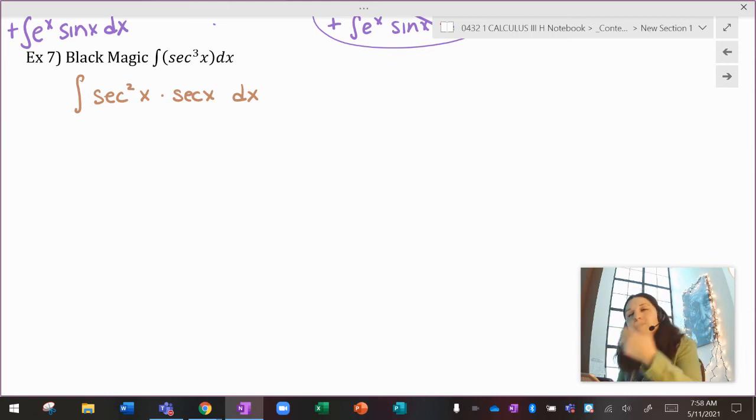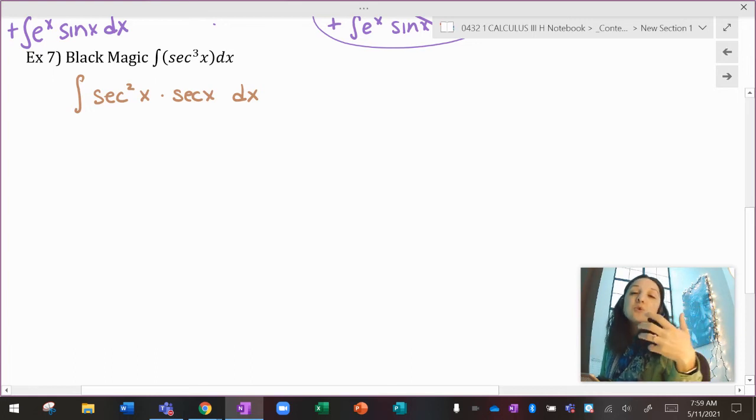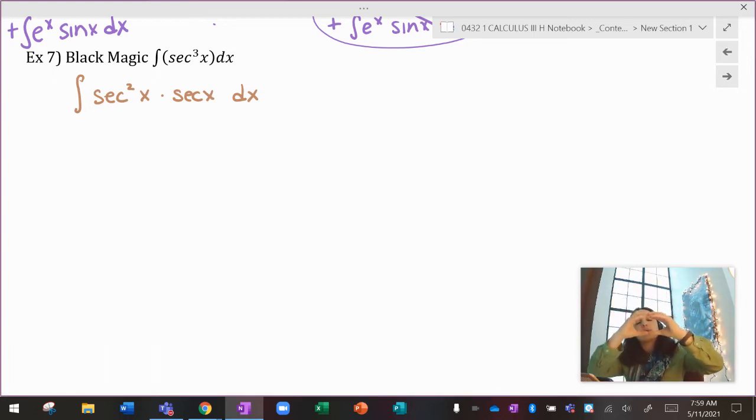So when I go to say LIATE, all I have are t's. So LIATE really exists or evolved from the idea that you want to choose something for u whose derivative you know, and you want to choose something for dv whose antiderivative you know.